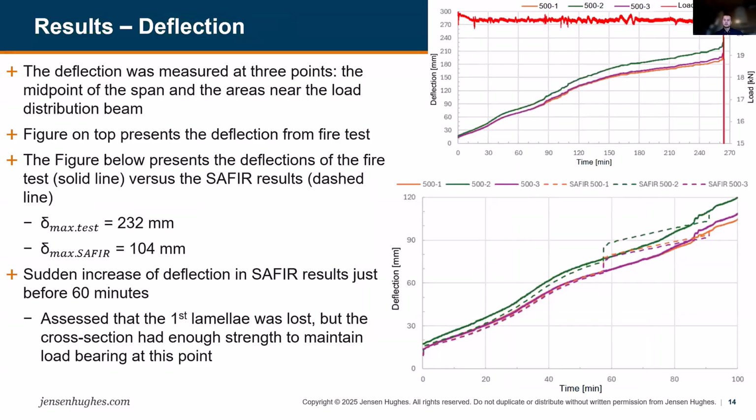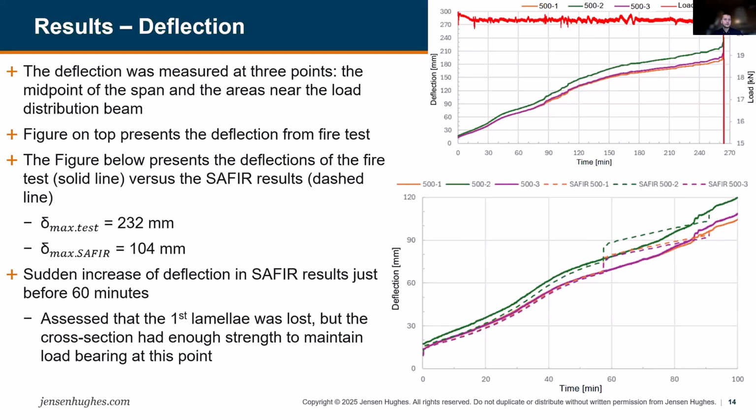About deflection, the deflection was measured at 3 points: the midpoint of the span and the areas near the load distribution beam. The figure on top presents the deflection from the fire test, where we can see increasing deflection throughout the entire test from 0 to 263 minutes, and it is somewhat linear, or there are some linear phases in that deflection.